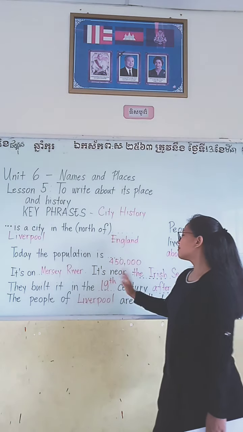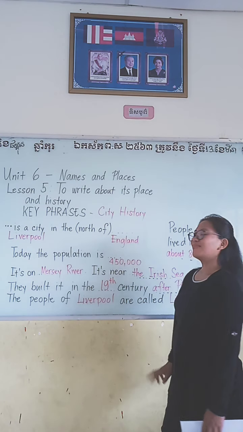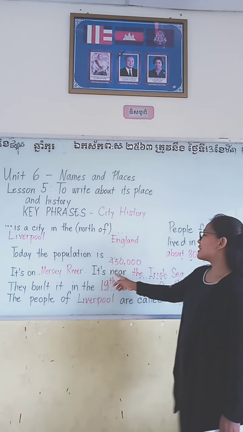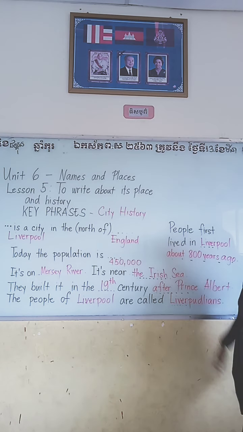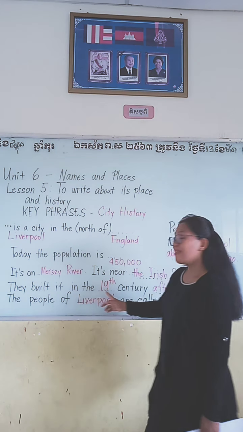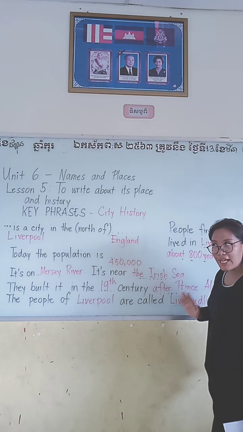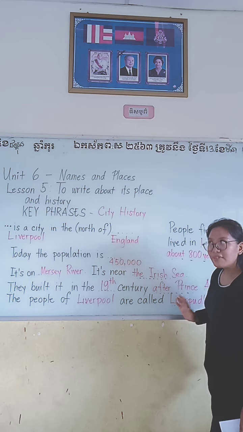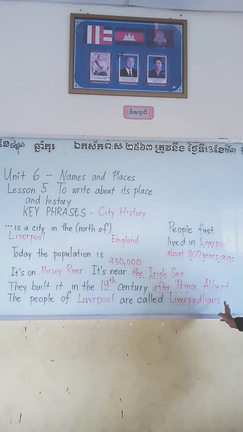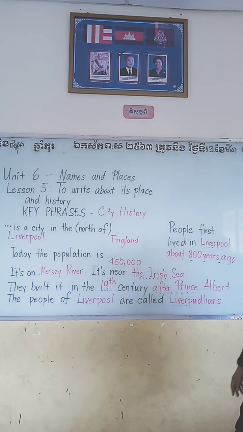Very good. Okay. It's on the Mersey River. It's near the Irish Sea. Okay, next. They built it in what century? 19th century. Very good. After Prince Albert. Okay, next.